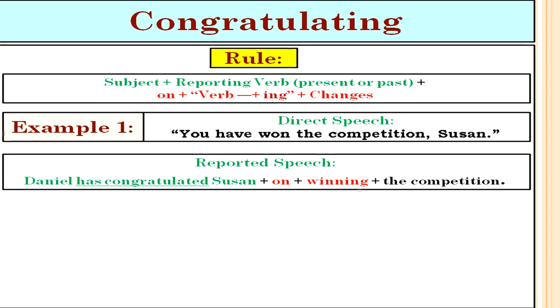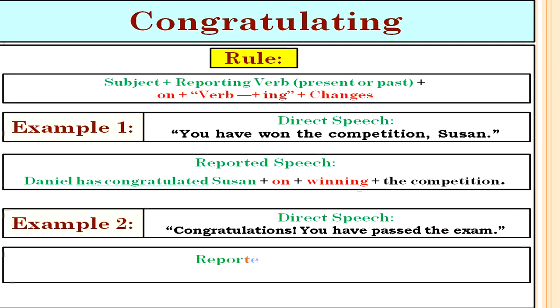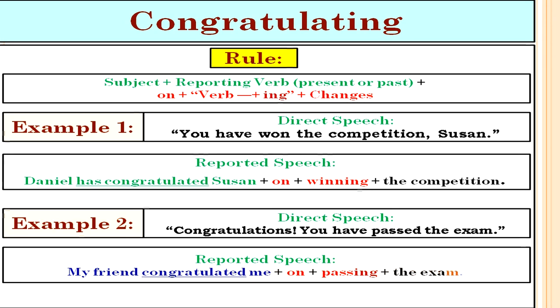In example number 2, we have the sentence, congratulations, you have passed the exam. So here in reported speech, we have the case of the reporting verb in the past tense. My friend congratulated me. According to the rule, we need to use the word on plus the verb plus ing.